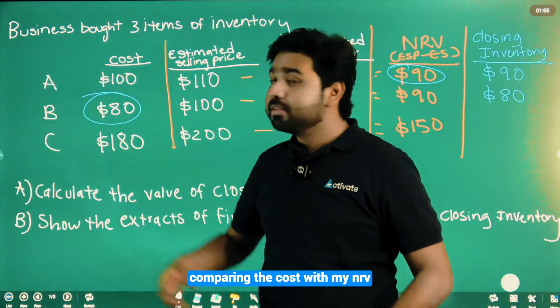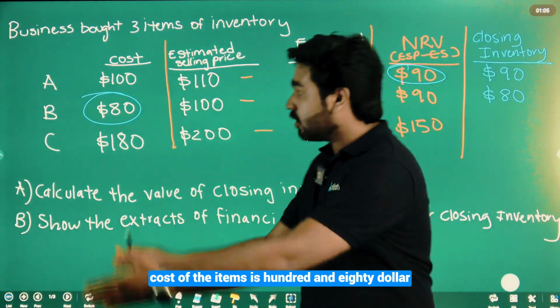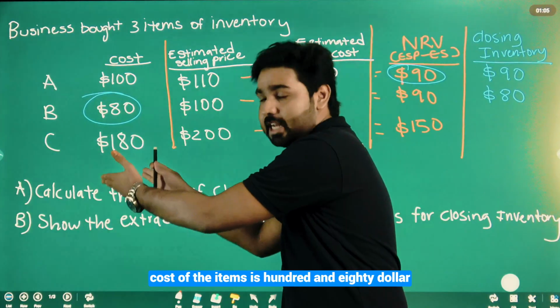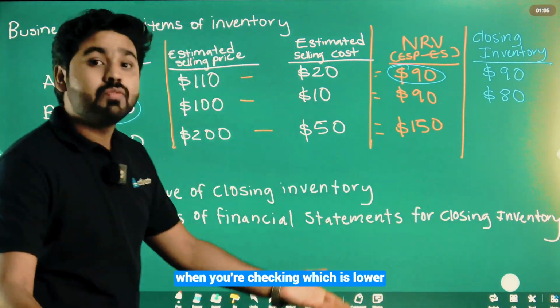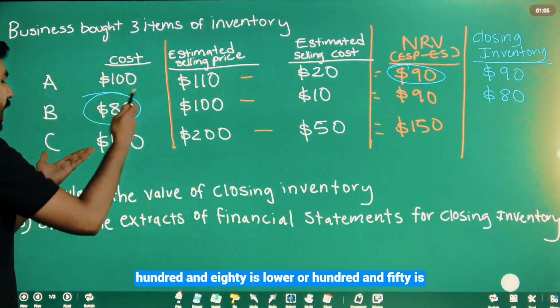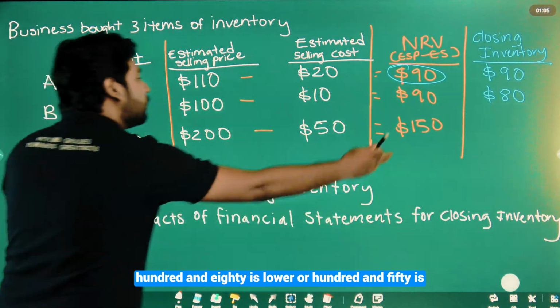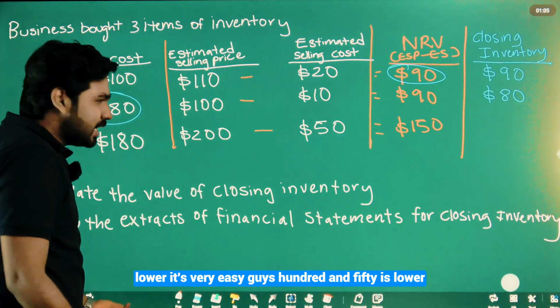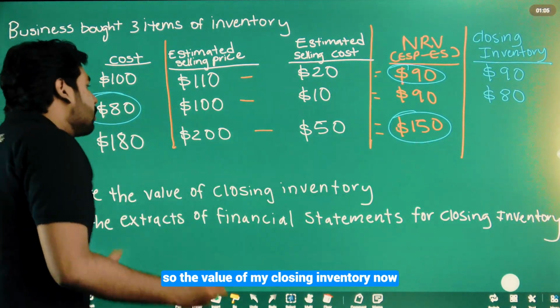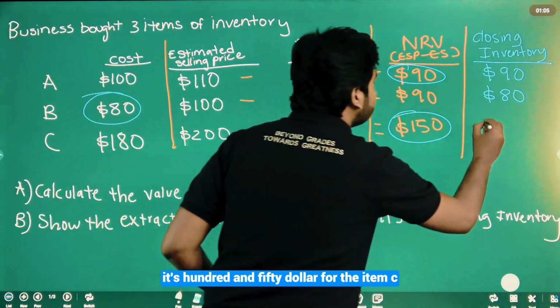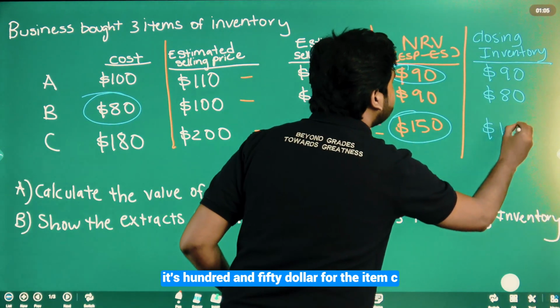Cost of item C is $180 and the NRV of item C is $150. When you're checking which is lower, 180 or 150, it's very easy guys. 150 is lower. So the value of my closing inventory now is $150 for item C.